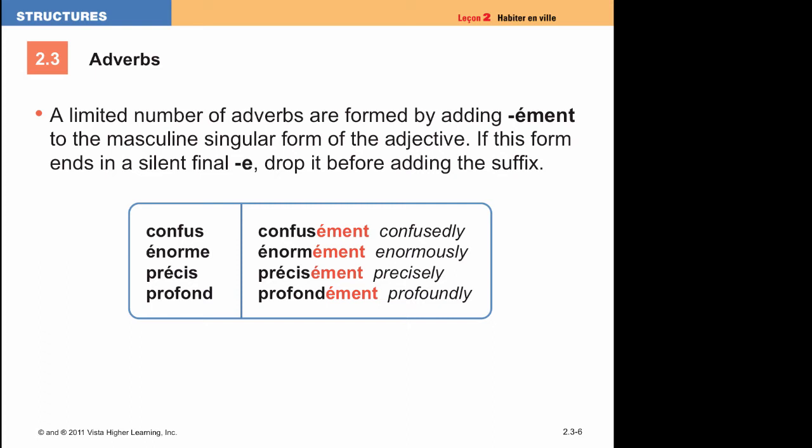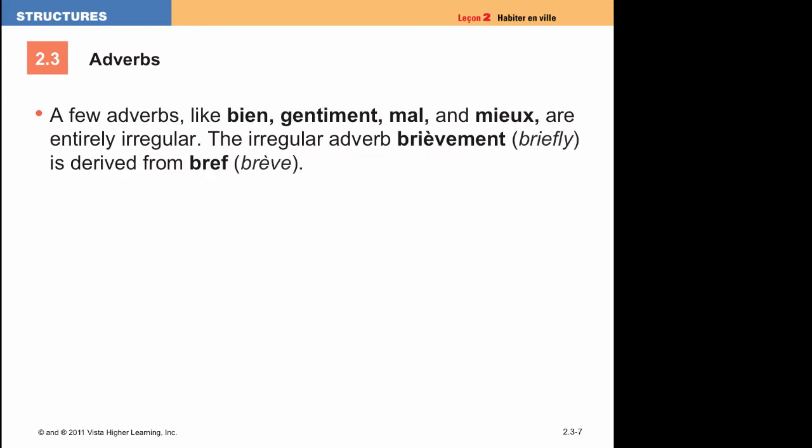So, confus becomes, the feminine form is confuse, so we get confusément, confusedly. Énorme, it ends in an E, énormément. Précise, précisément. Profonde, profondément. So you have to memorize these as being irregular. They get the accent aigu and we say the E. It's not amment, but ément.